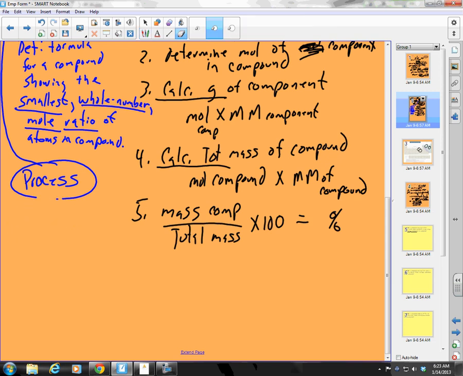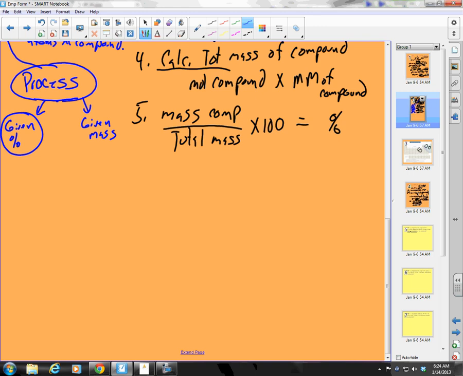I have to back up because there's really two types of problems. There is a problem where you are given percentages and a problem where you are given mass. Okay, let's talk about solving the process for a problem where they give you a percentage. All right, so sorry about that.